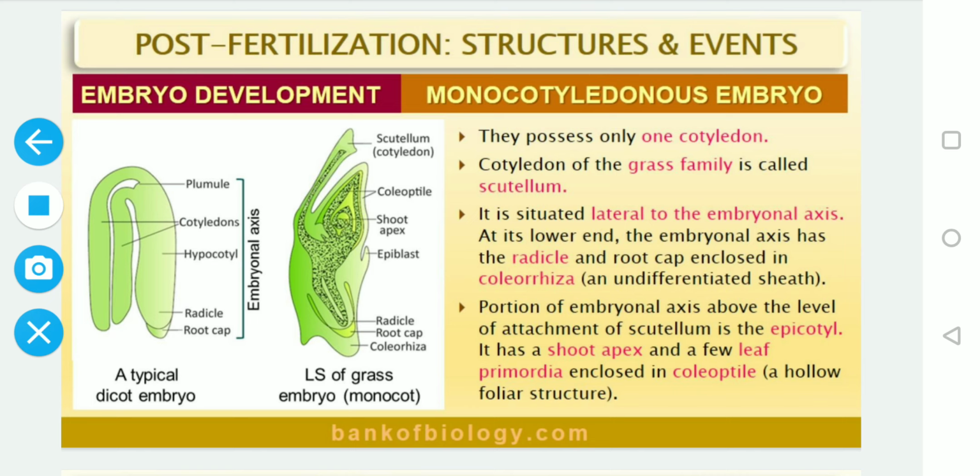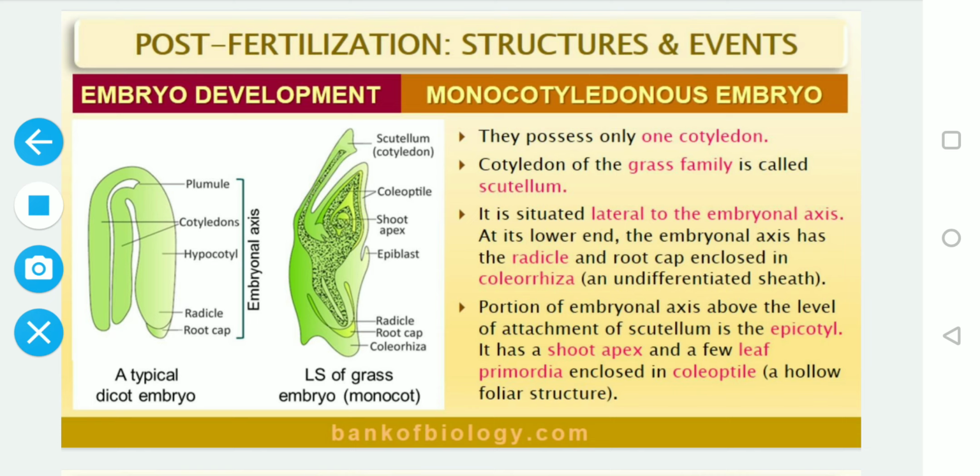Sometimes they will ask a 1 mark question, like where the coleorhiza is present, or what the radicle is surrounded by. And if you observe the structure, the portion of the embryonal axis above the level of attachment of the scutellum is the epicotyl. Epi means above, the upper region.